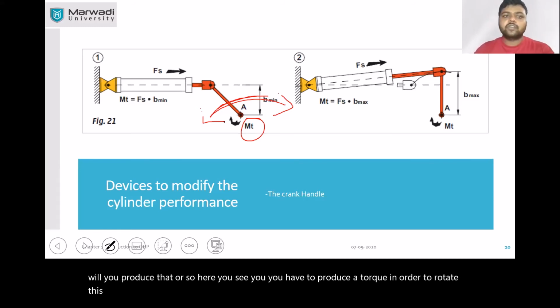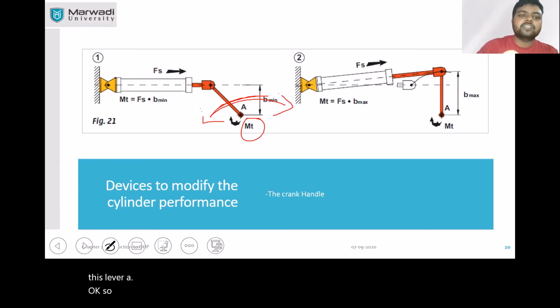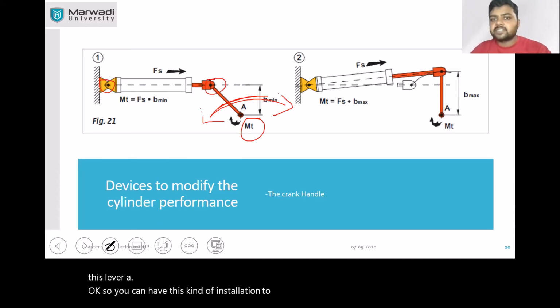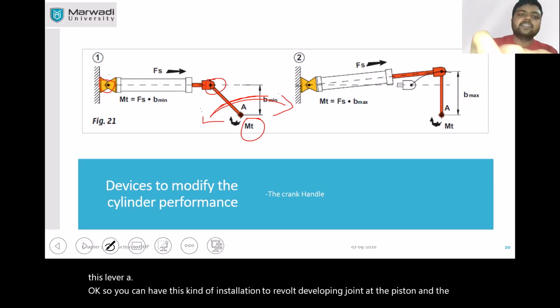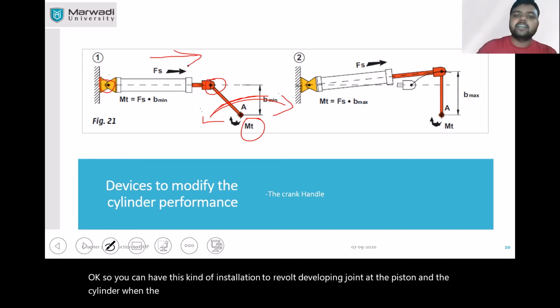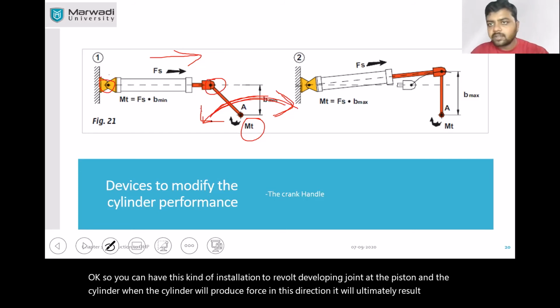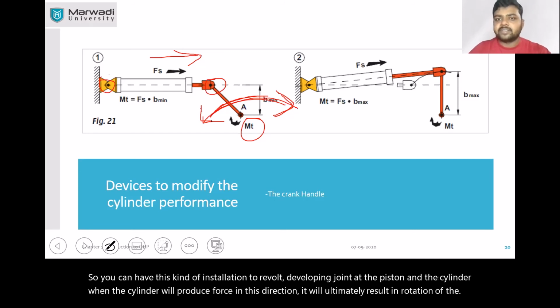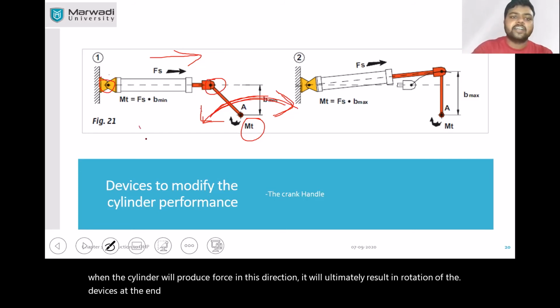So you can have this kind of installation, with two revolving joints at the piston and the cylinder. When the cylinder produces force in this direction, it will ultimately result in rotation of the device at the end application. Here you can see this is a retracted position and this is an extended position.